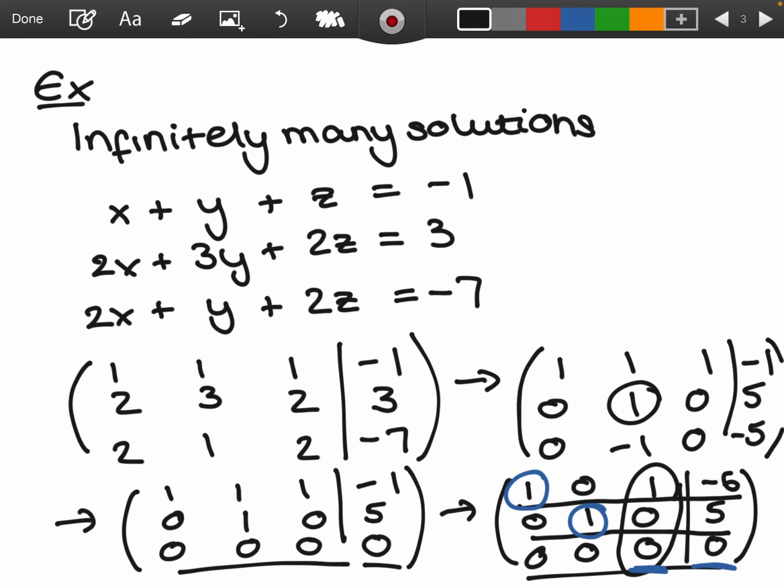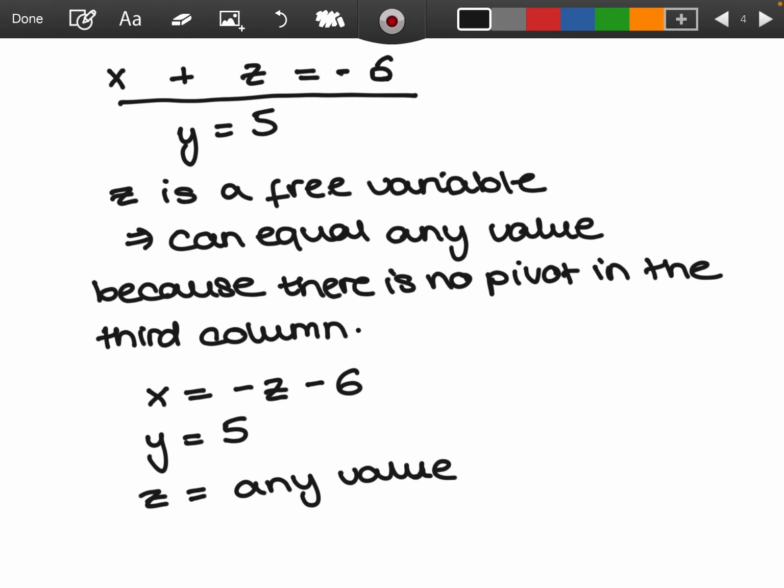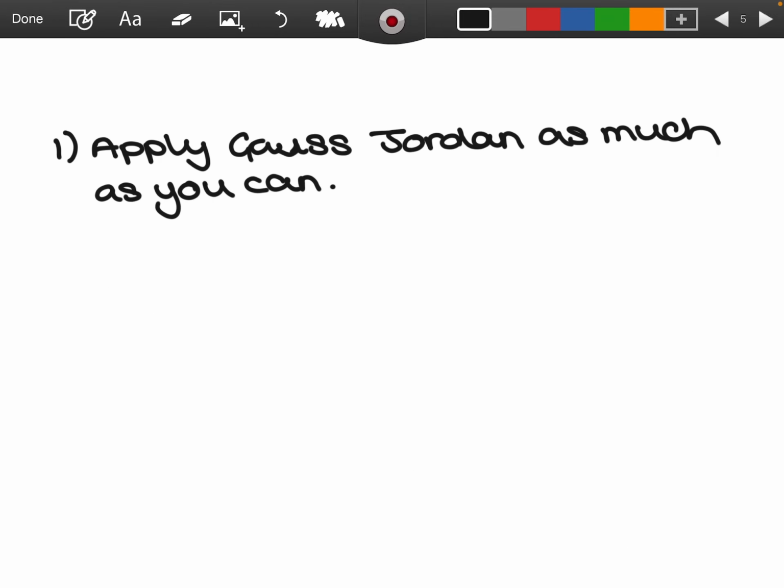Well, I would have to jump over that column because I would basically just end up with zeros where I would have a pivot in that column, and so I would have to go over to z and look at its pivot. So it's always looking at the leading term. You're always going to look at the leading term in any particular row. That is the first non-zero entry in that row.